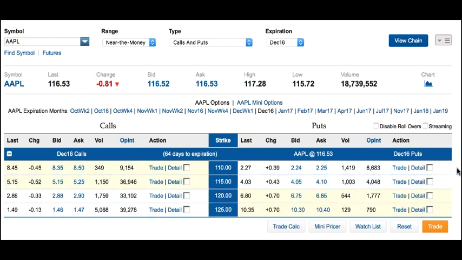And you can see that the 110 strike price put and the 115 strike price put are both out of the money because the price of Apple stock hasn't dipped down to that level yet. And you can see how the prices work inversely to calls as well, which makes perfect sense since they're opposite trades.